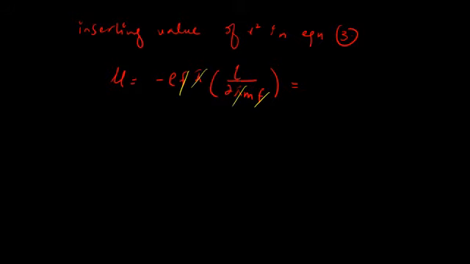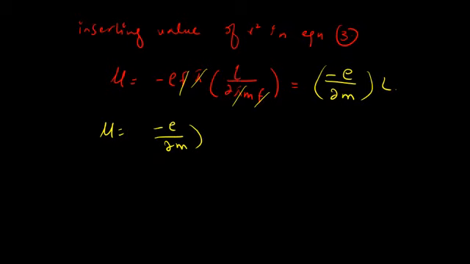So the remaining quantity is minus E divided by 2m into L. So mu will be equal to minus E divided by 2m into L. This is our equation number 5.